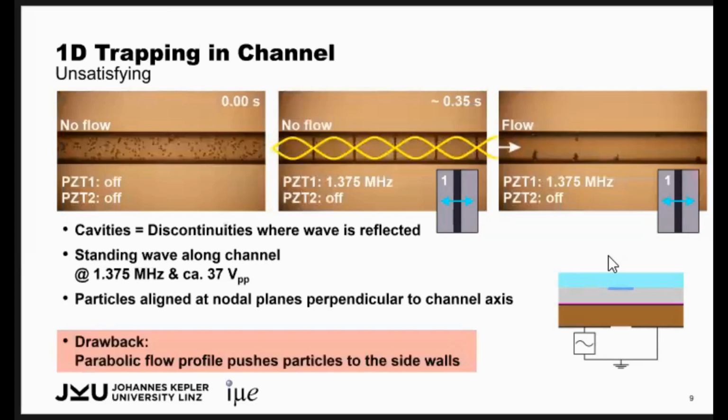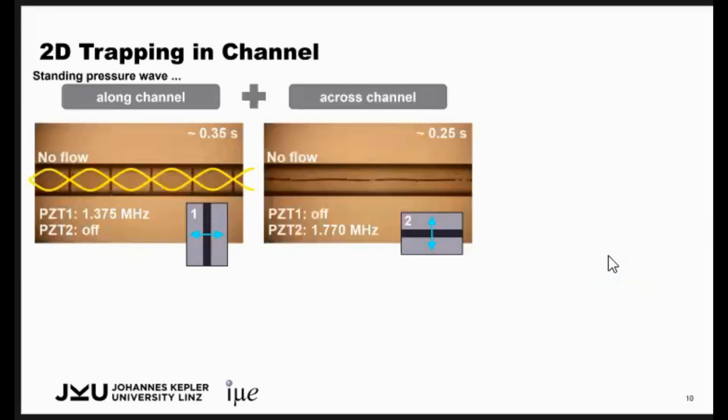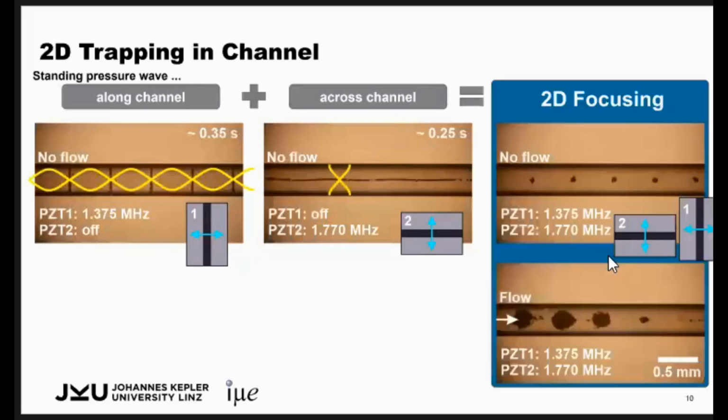So we have the same standing wave along the channel, but now we push back with the second transducer generating a wave that pushes the particles to the center of the channel, so particle focusing. And if we combine these two, we see that the particles will be very nicely focused at the nodal spots in the channel sections too.